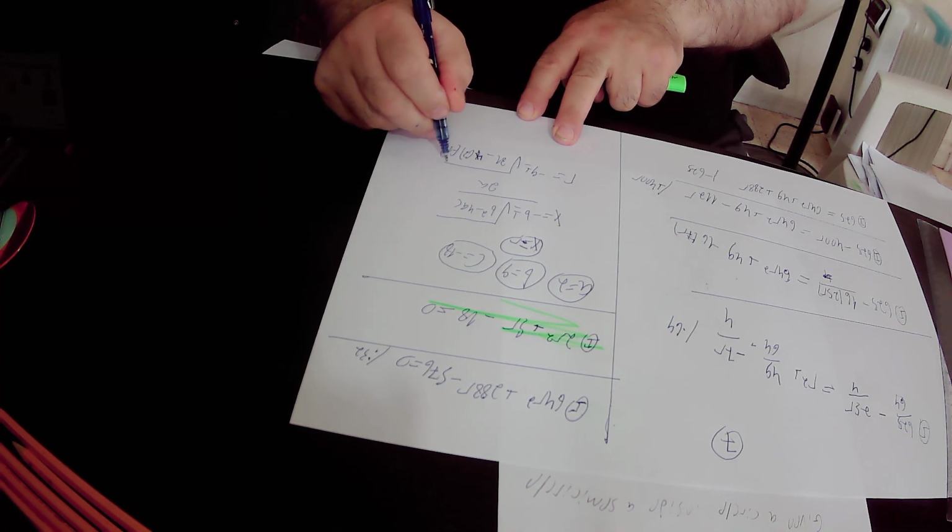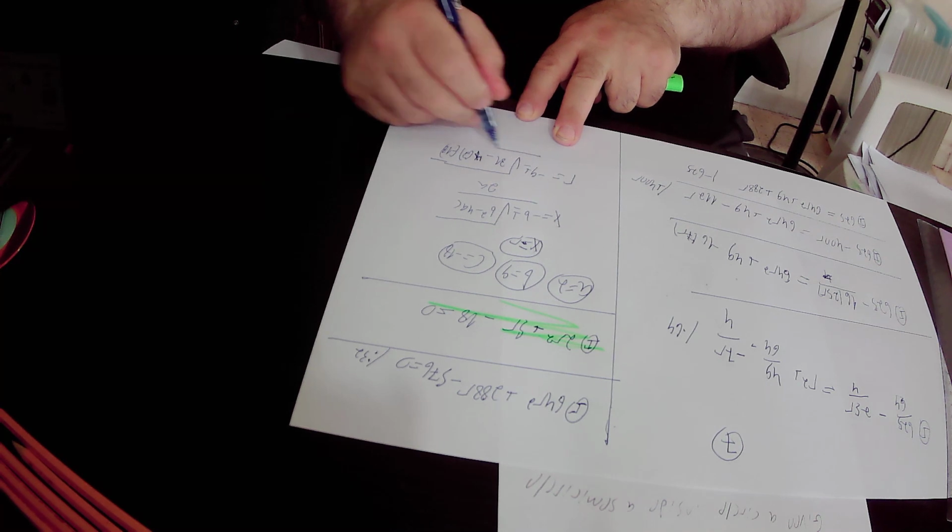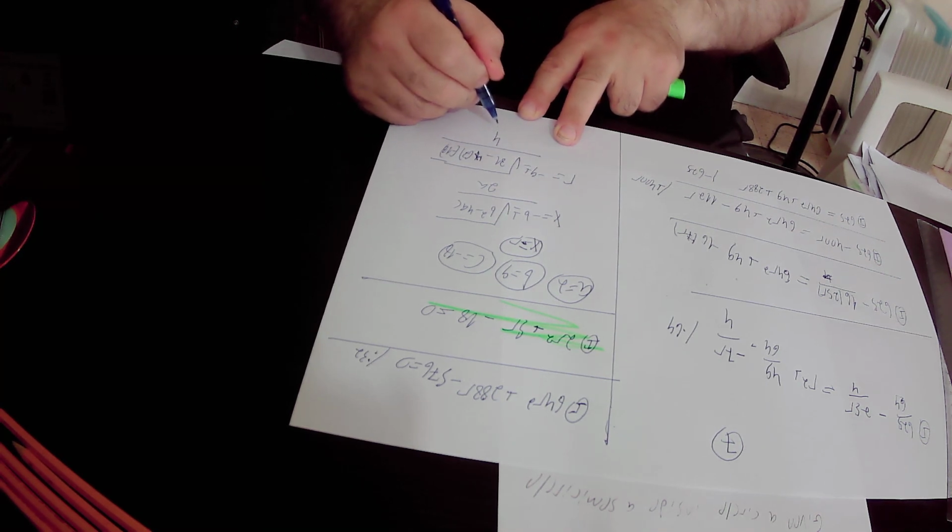All divided by 2a. a is 2, so 2 times 2 is 4.